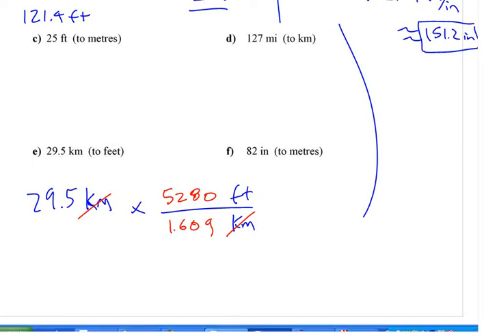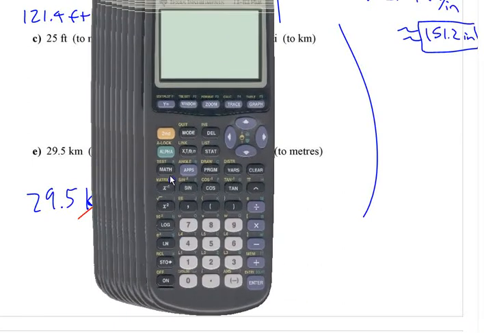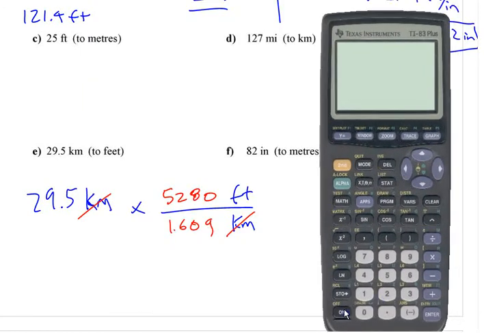So on your calculator, you can just do exactly what it says there, right? You can go 29.5 times 5280 divide by 1.609. And that gives you how many it is, right? Does that make sense?